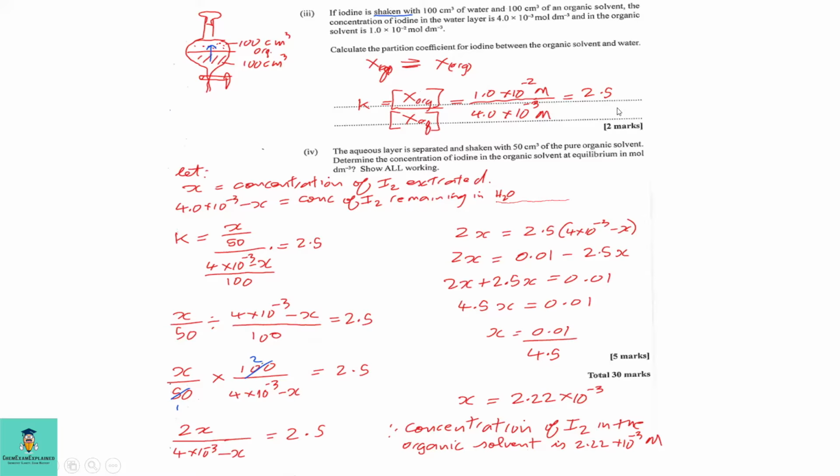Now we know what K is, we can move to part 4. The aqueous layer is separated and shaken with 50 cm³ of pure organic solvent. Determine the concentration of iodine in the organic solvent at equilibrium in moles per dm³.